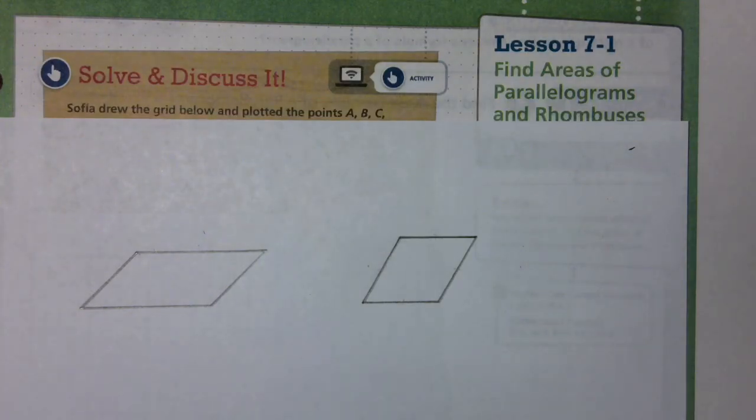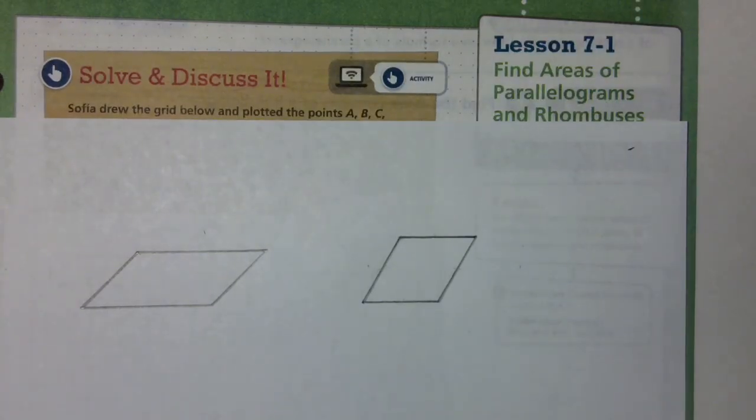Now, before we begin the lesson, I've got a piece of paper here, and there are two objects on this paper. They are both parallelograms. I want you to take a good look at them. They're both parallelograms, but one of them is specifically called a rhombus.